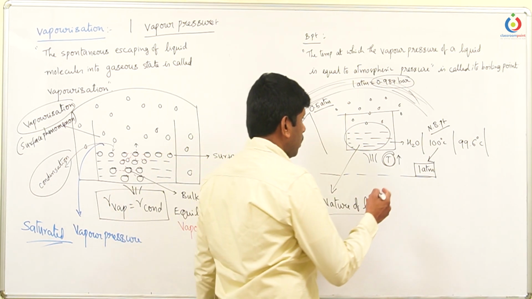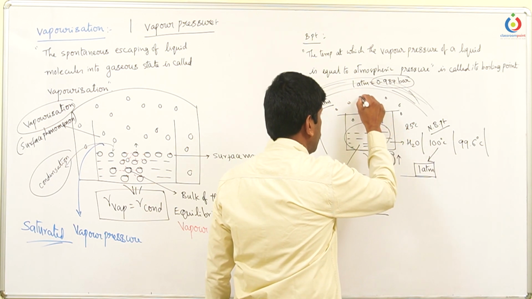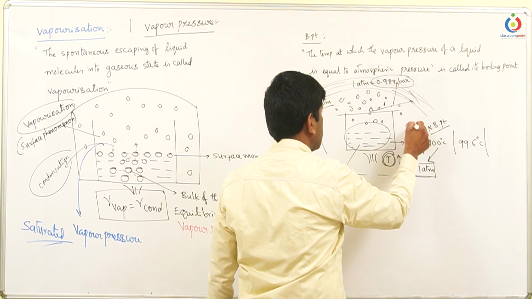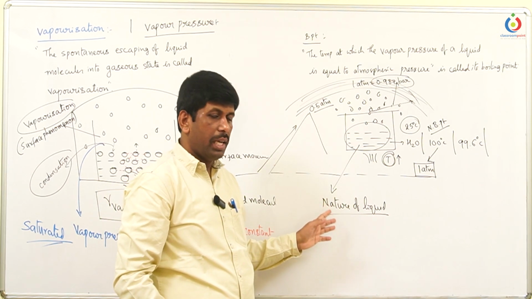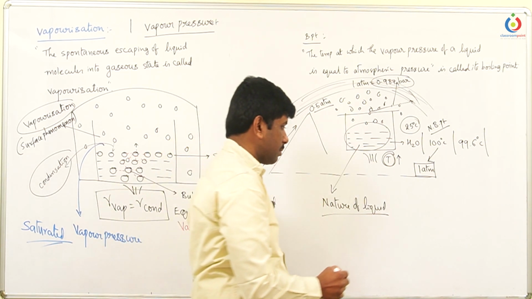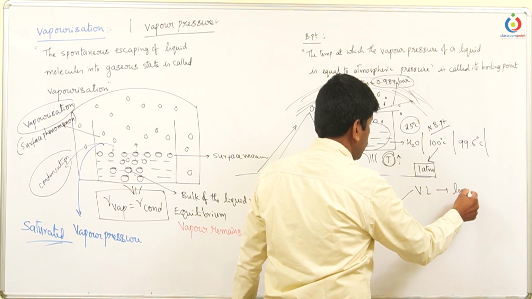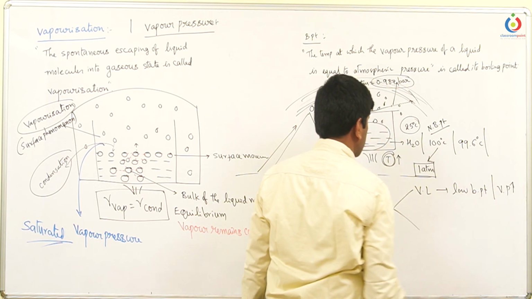For example, if you take a volatile liquid, even at 25 degrees centigrade it can form a large amount of vapor, so that its pressure equals atmospheric pressure very easily, and it boils. That's why volatile liquids boil at a lower temperature. So volatile liquids have a low boiling point because they have a higher vapor pressure.